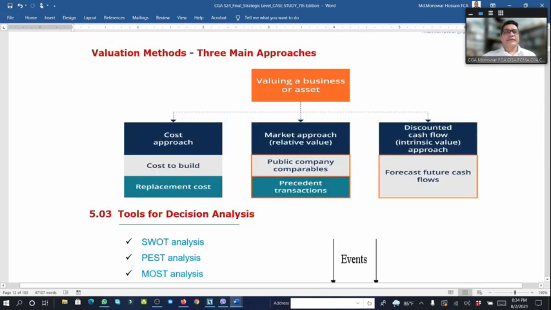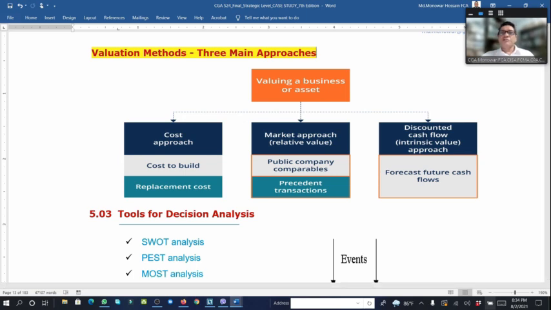So we can say there are three main approaches of business valuation. For valuation of a business or asset, there are three approaches: one is the cost approach, another is the market approach, another is discounted cash flow.